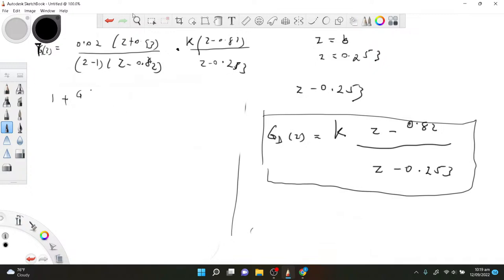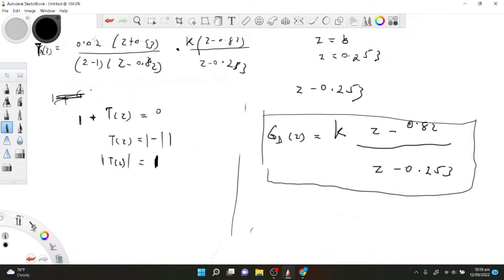So you use this formula that 1 plus the overall transfer function T of Z must be equal to 0. Right? So now T of Z is equal to negative 1. This implies that the magnitude of T of Z, because this is a complex number, is equal to 1.